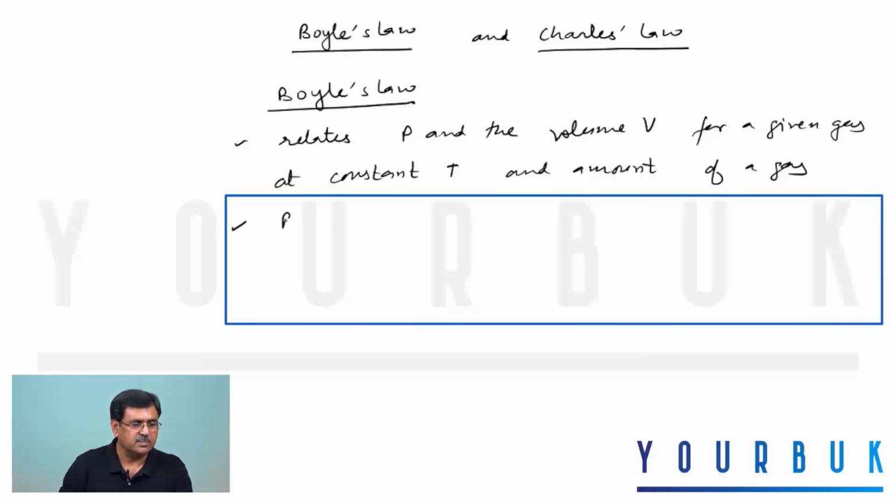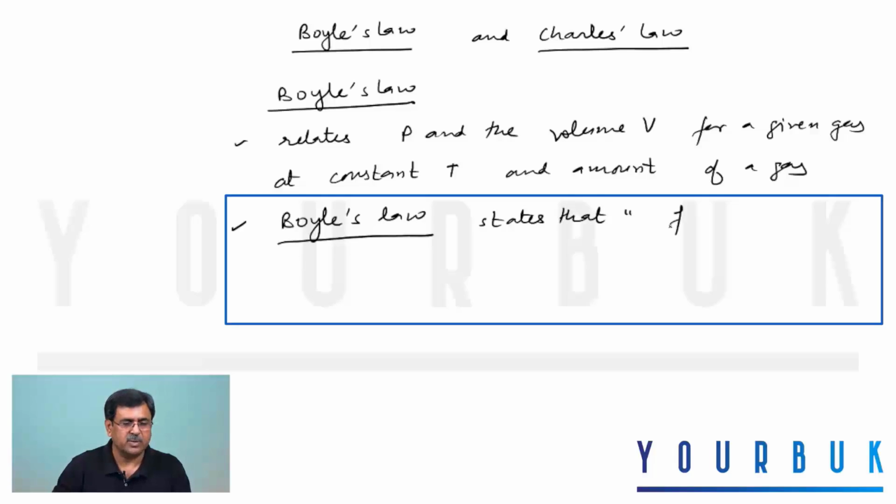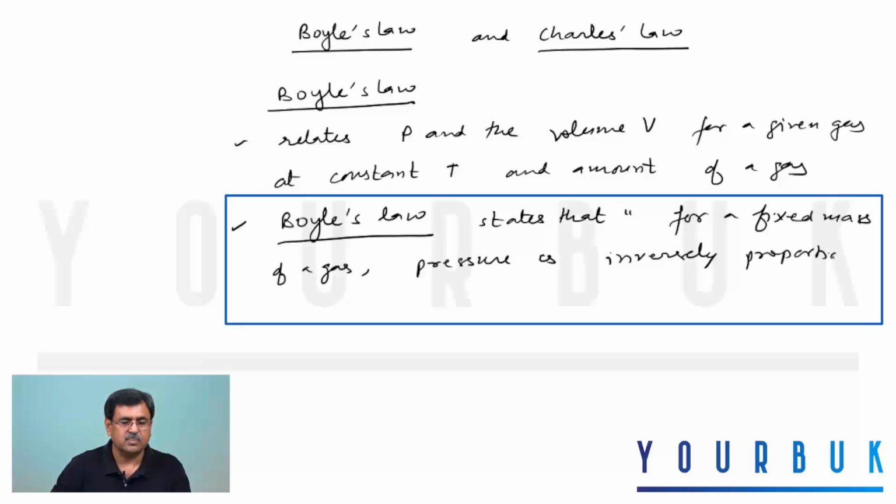So Boyle's law states that for a fixed mass of a gas, pressure is inversely proportional to the volume at constant temperature.